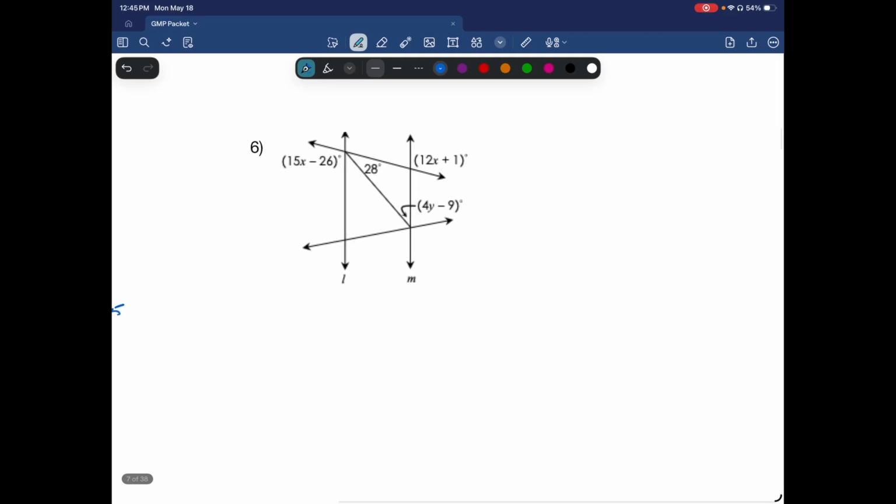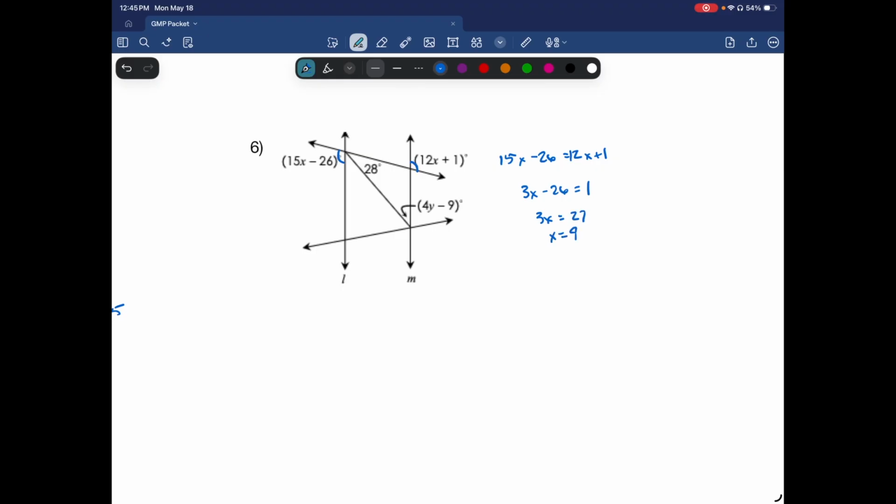Last one in this lesson, number 6. Okay, so the x's are alternate exterior. So we have this and this. Those two are equal to each other. So I got 15x minus 26 equals 12x plus 1. This is going to be 3x minus 26 equals 1. 3x equals 27.